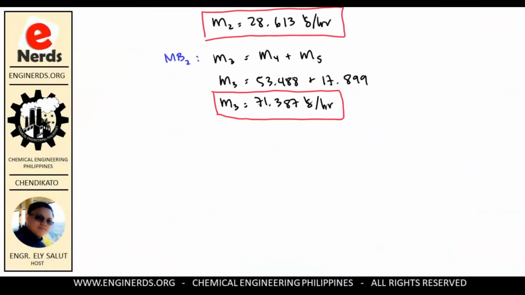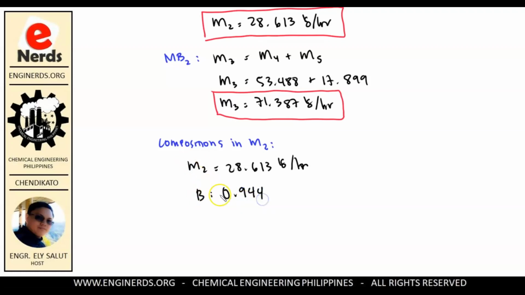So let us determine the compositions in M2. Our M2 is equal to 28.613 kilogram per hour.